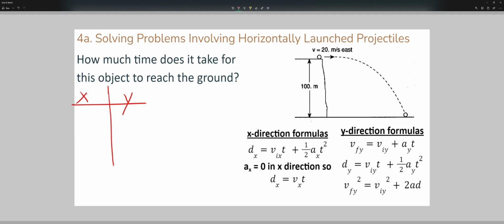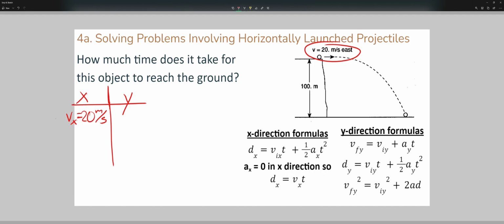So essentially the image is saying that you launch the object with a velocity of 20 meters per second east horizontally. So you're essentially launching it horizontally, which means my velocity in the x direction is 20 meters per second.